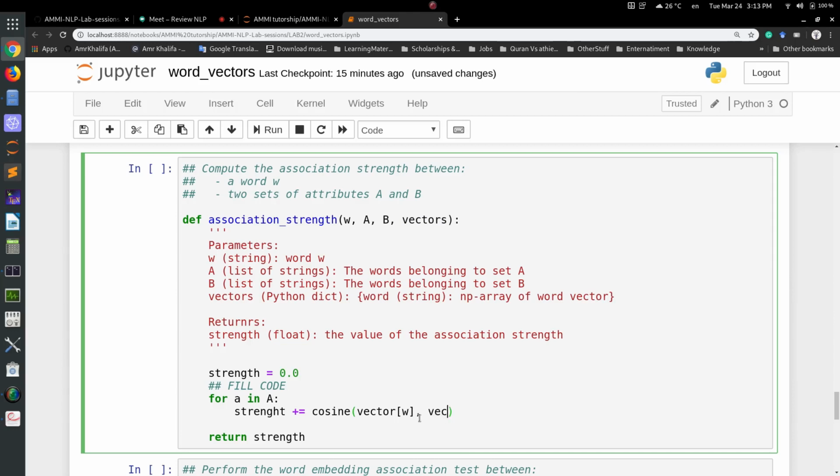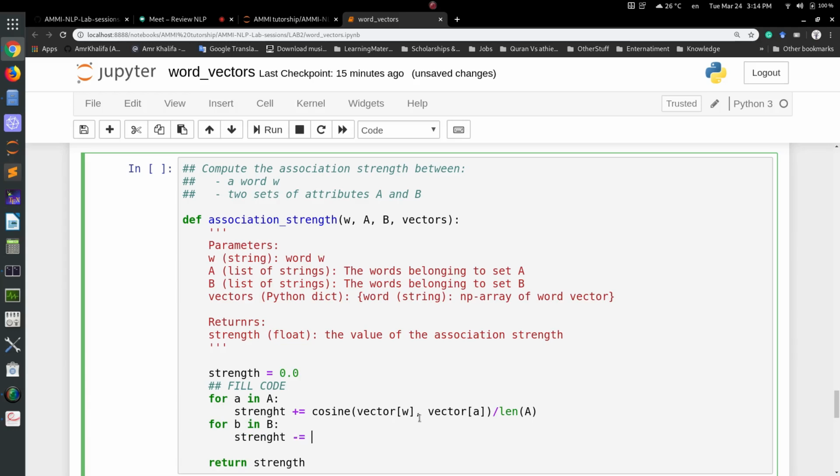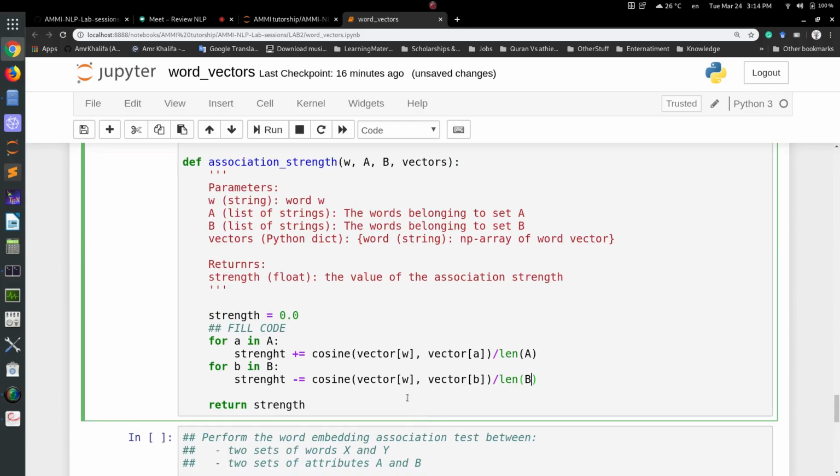We need to compute the cosine between vector W and the word vector of a, and we're going to divide by the length of A. Okay, this is set A. Now for b in B, strength minus equals cosine of the vector of W and the vector of b, and we're going to divide by the length of B. So this is just translating the formula as it is.